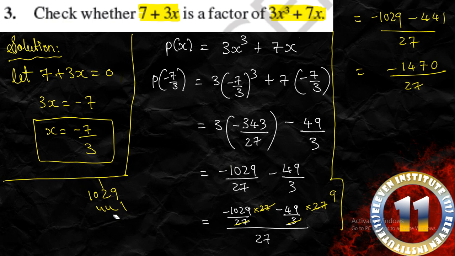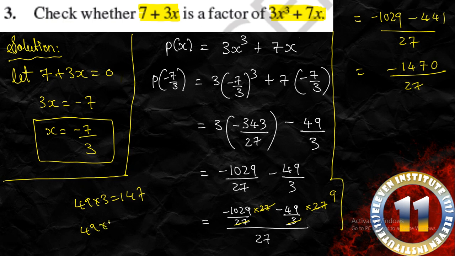You can further divide them because both the numbers are divisible by 3, right? This is 49 3s are, and in the denominator you can have 9 3s are, right? So now both of them are divisible by 3. We know that 49 into 3 is 147.